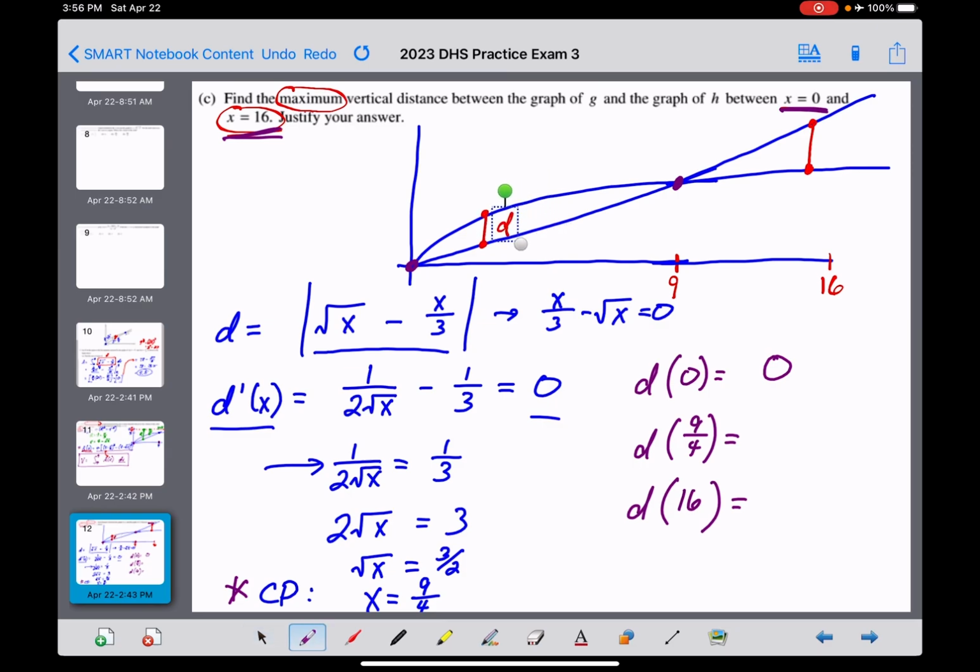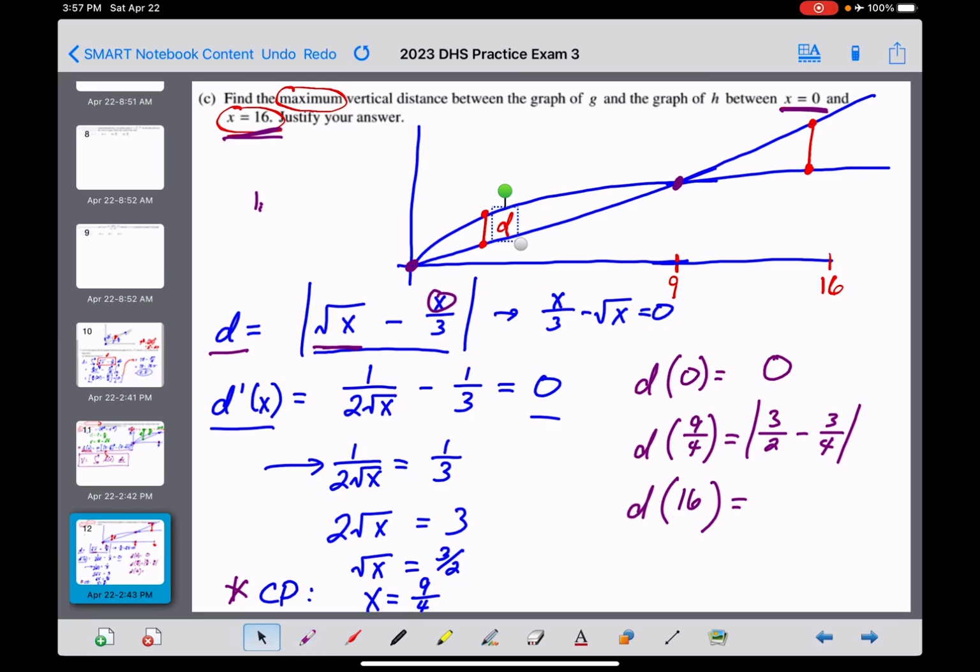Let's work on that. And quite simply, we're just following this function right here. At 9/4, we're going to do the square root of 9/4, which is going to be 3 over 2. Gotcha. And then minus, we have 9/4 divided by 3. That's going to be 3/4. And we're doing the absolute value of that.